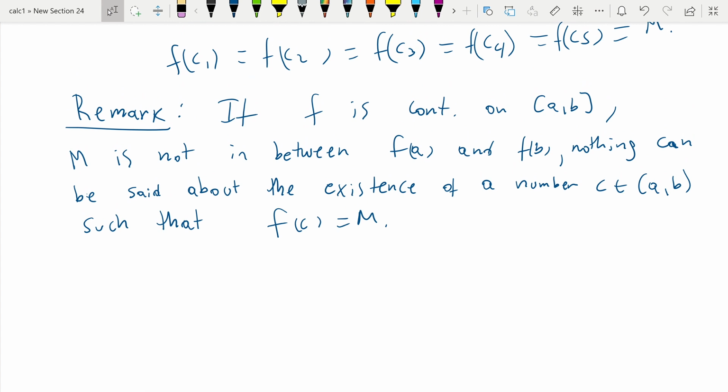So both things can happen. There can be a value in between such that f of c is equal to m, or there may not be any value. So two very simple examples.